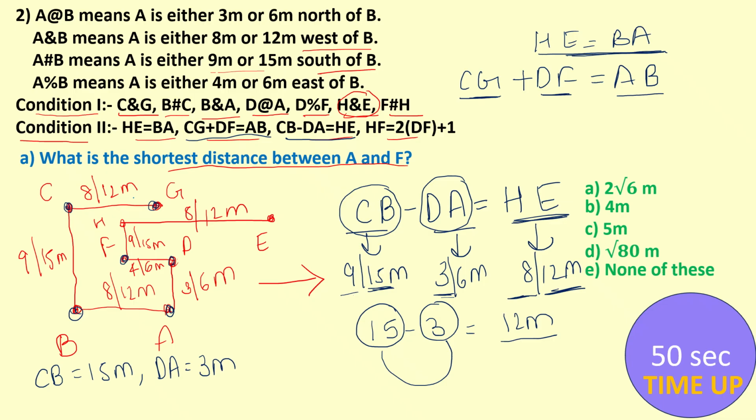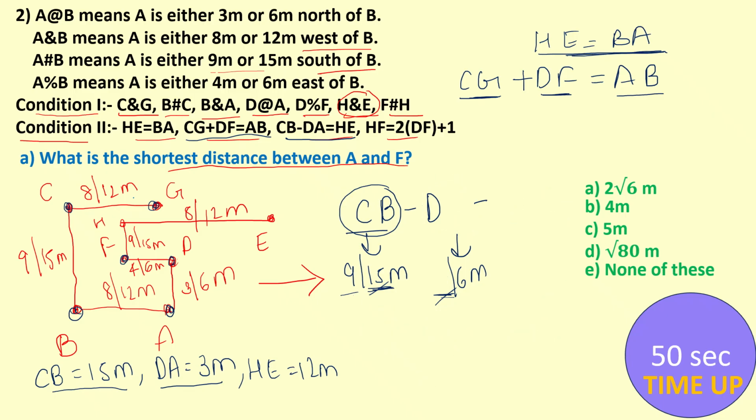Similarly, if you do 15 minus 6, you'll not get 8 or 12 meter. If you do 15 minus 3, then only you'll get 12 meter. So that's why you can confirmly say that CB is 15 meter, DA is 3 meter, and your HE is 12 meter.